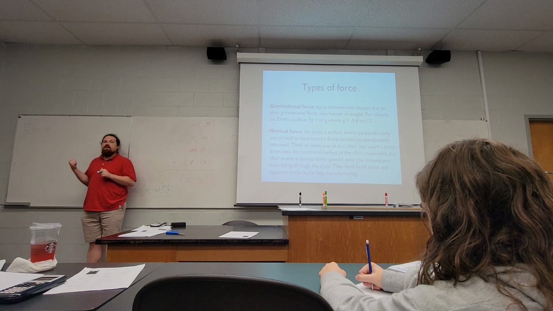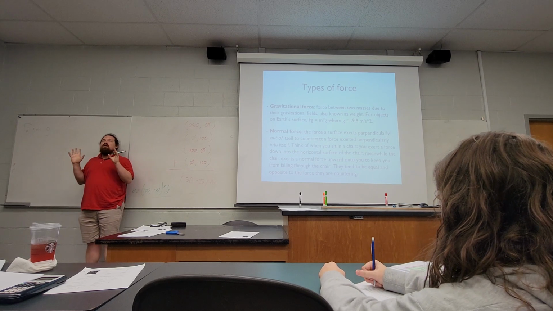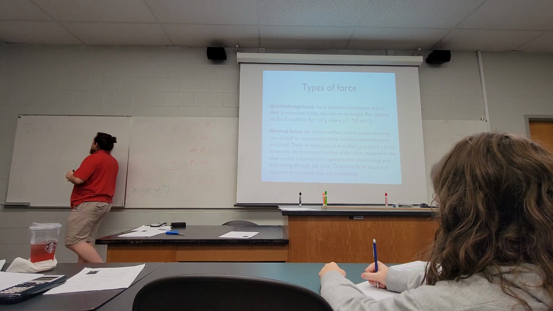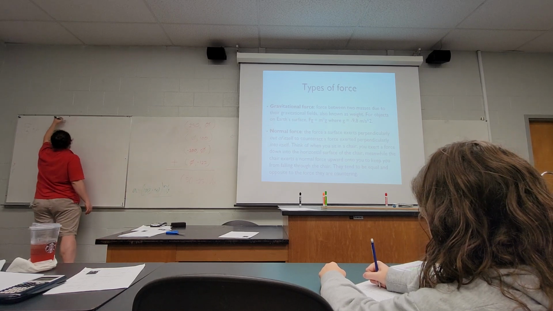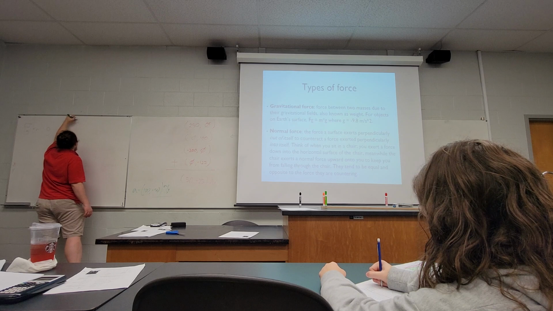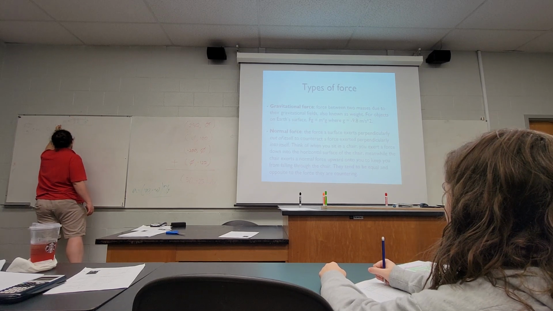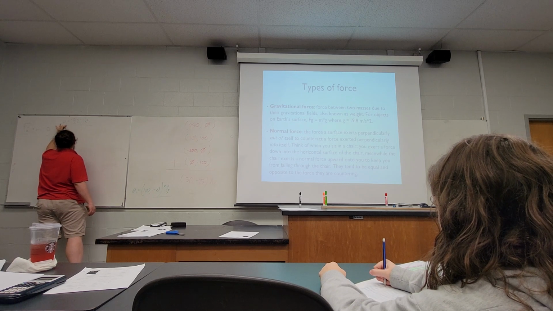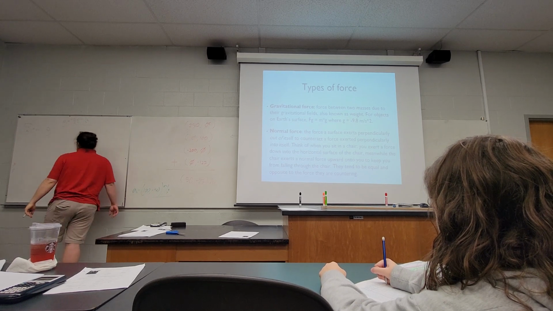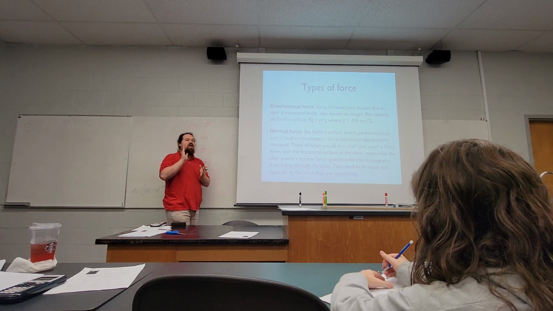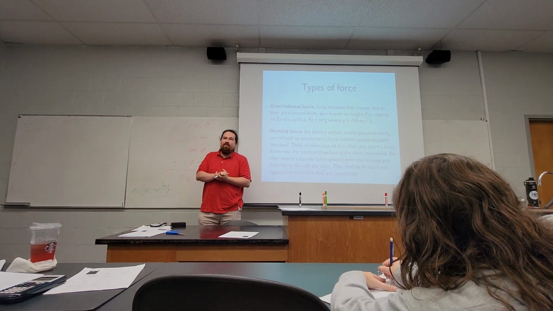That lowercase g stands for negative 9.8 meters per second squared. But I will write that down in case you have not written it down yet. The definition of lowercase g in physics math is it is a dedicated variable set aside for the acceleration of gravity on Earth's surface.